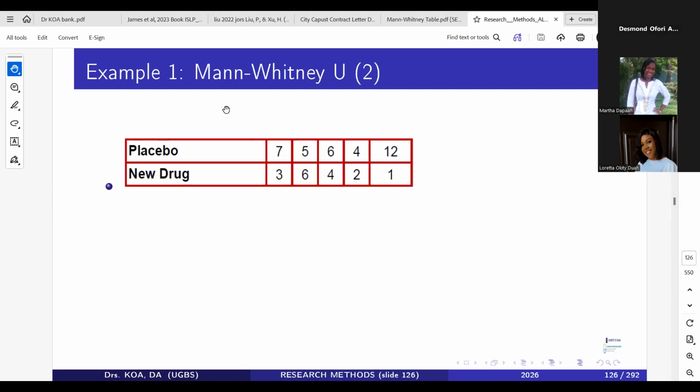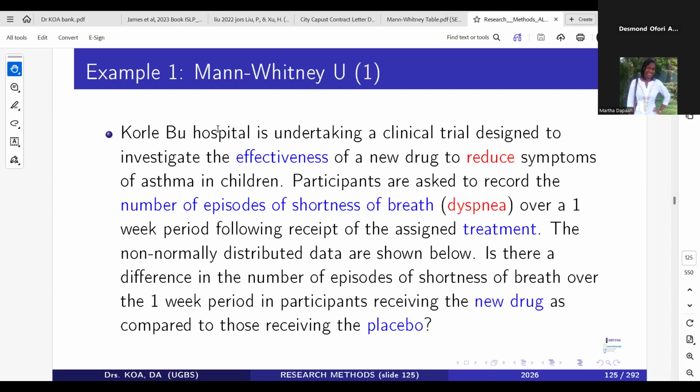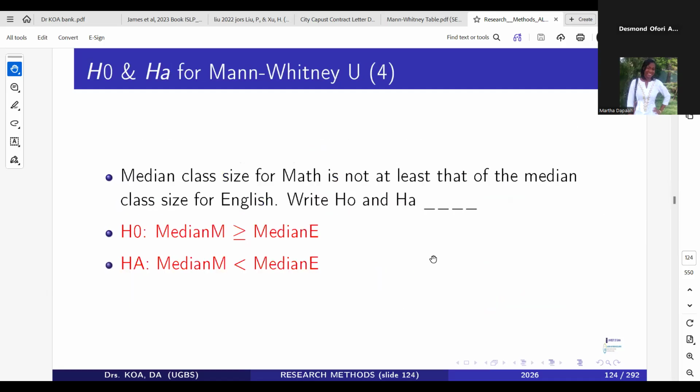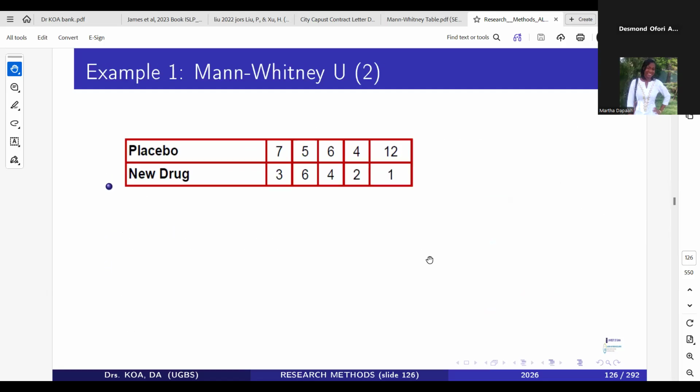Now, guys, we are going to look at the sentence: is there a difference in the number of shortness of breath episodes over the 1-week period between participants receiving the new drug as compared to those receiving the placebo? Now, if you check carefully, in the data set, which one comes first?